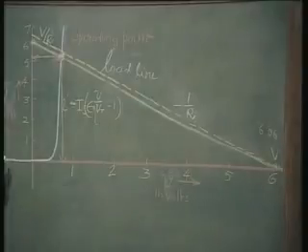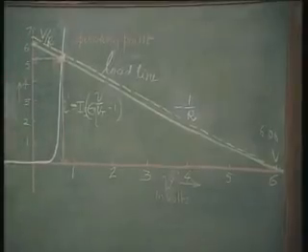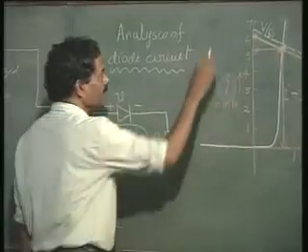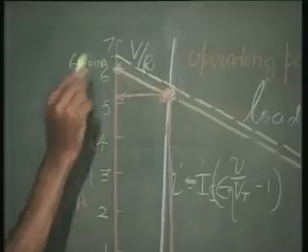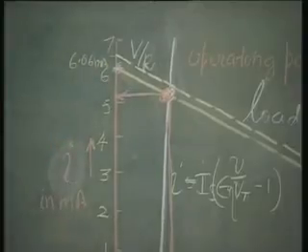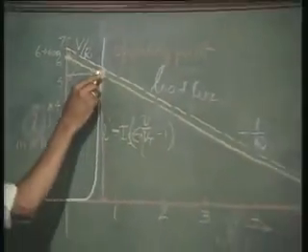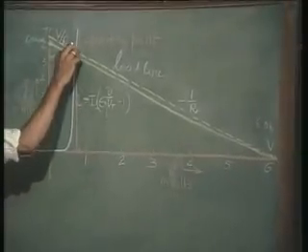And where will it intersect this? It will in turn intersect this at 6.06 milliamperes by our definition of intercepts. What I am interested in is not these intercepts, these are already known to us. What is the new change that this has brought about?